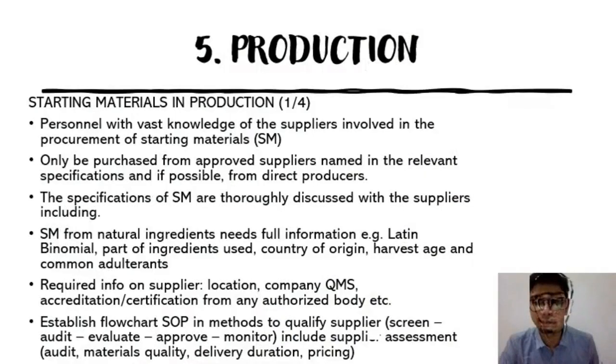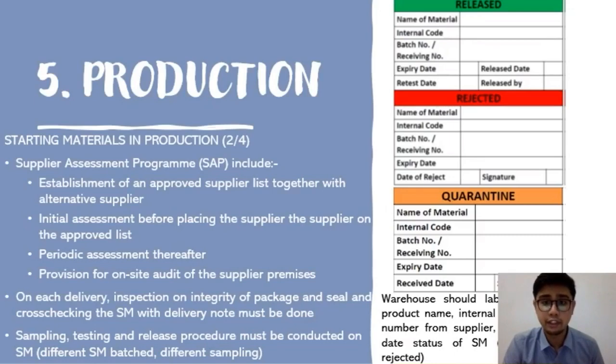The method or the activity I mentioned just now is also known as the Supplier Assessment Program or SAP, which typically involves the establishment of an approved vendor or supplier together with an alternative supplier list of the particular materials. Pre-assessment of the supplier is also conducted in SAP prior to their inclusion in the approved vendor list.